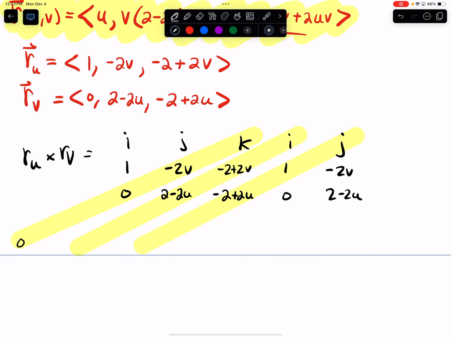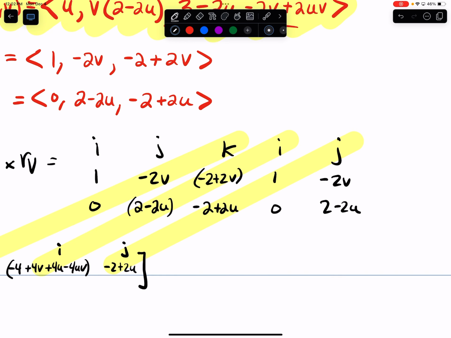That's minus 4 plus 4v plus 4u minus 4uv for the i's. Then the last one, minus 2 plus 2u, for the j's.